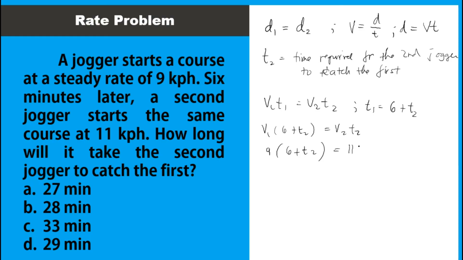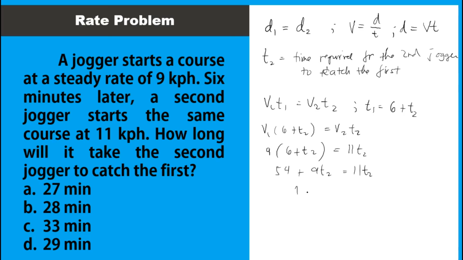So we have 11 times t sub 2. There's no need to convert the units because it will only cancel out on both sides. We can say that 9 times 6 equals 54, plus 9 t sub 2, is equal to 11 t sub 2.